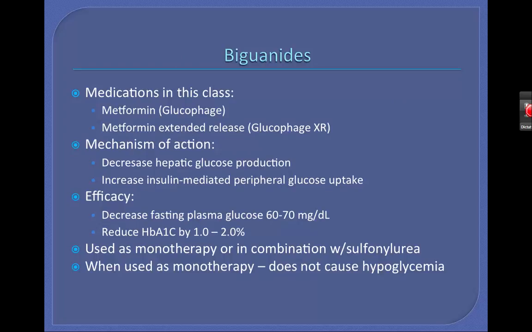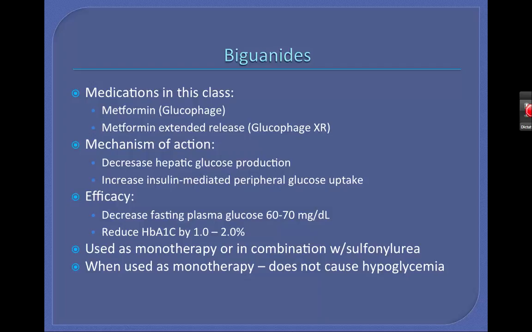Medications: biguanides. Medications in this class include Glucophage, Glucophage XR, and metformin extended. Mechanism of action: decrease hepatic glucose production and increase insulin-mediated peripheral glucose uptake.